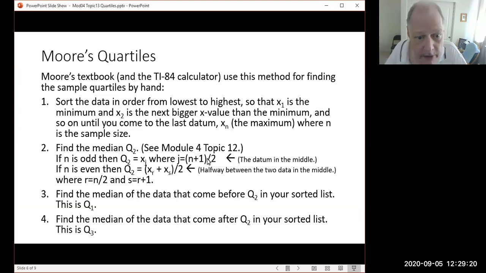And so, according to Moore's method, the second quartile would be X14 for our example.